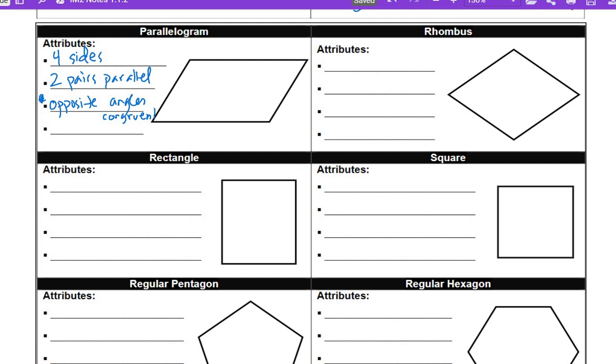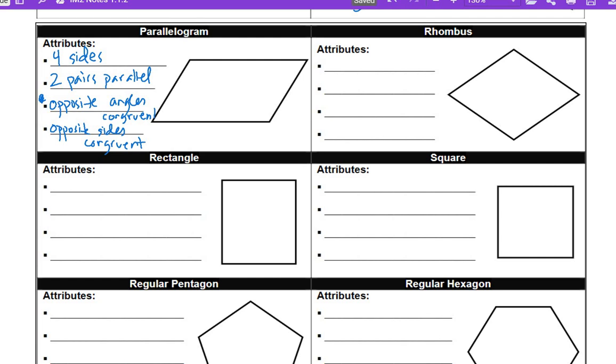And opposite side lengths are congruent. Okay.